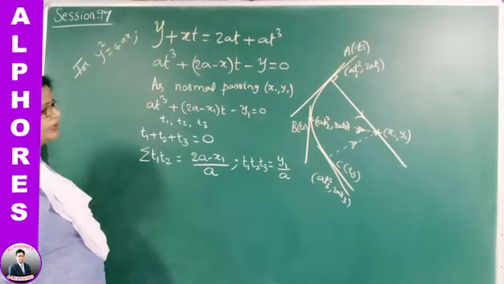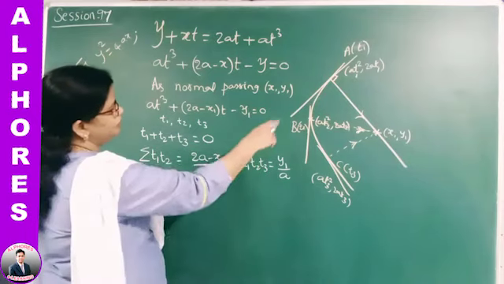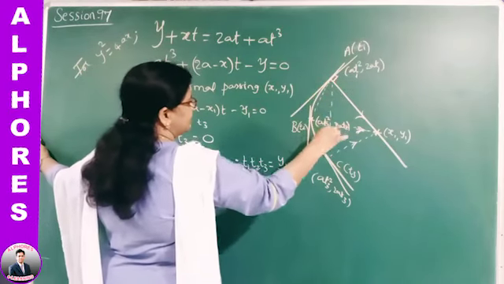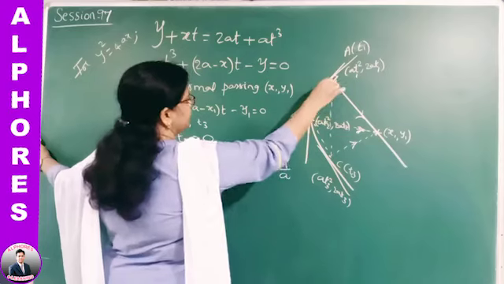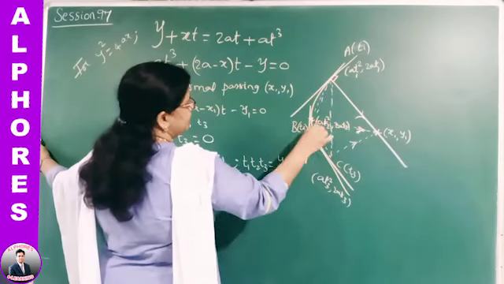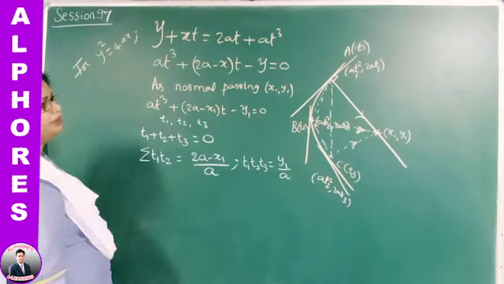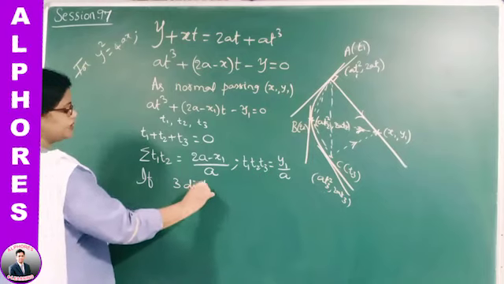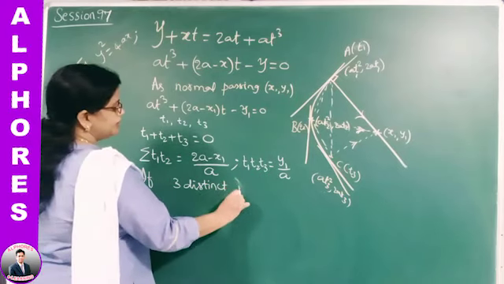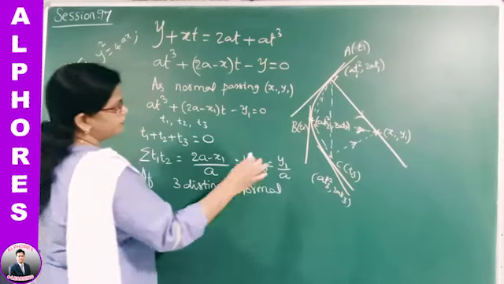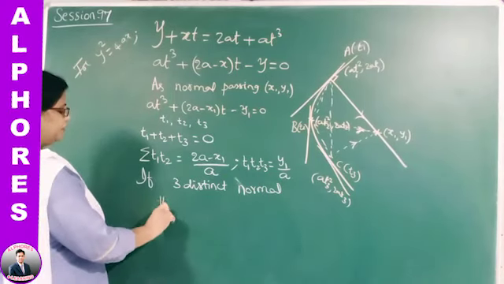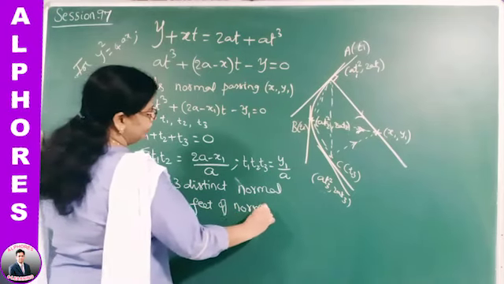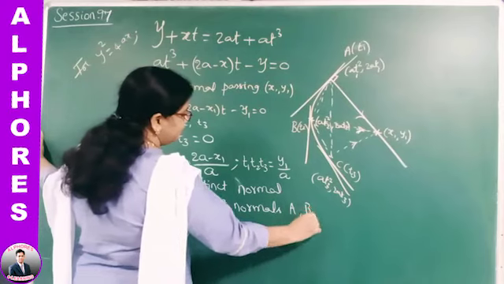Now if you join A, B, C, they are non-collinear, because if the 3 normals are distinct, then ABC is a triangle. The feet of normals A, B, C form a triangle.